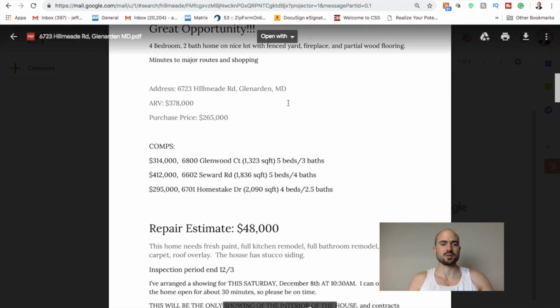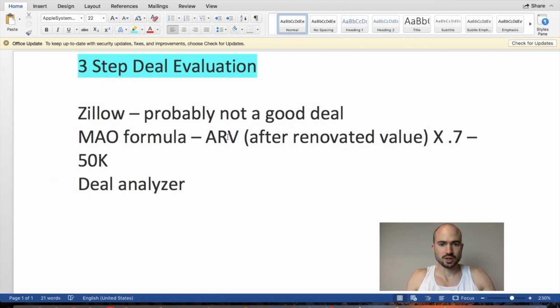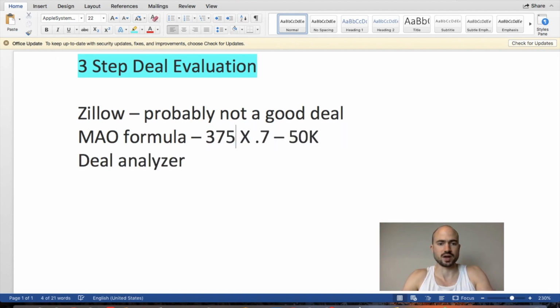I get deals like this all the time. But let's take their ARV of 378K. It's probably not anywhere near that, but let's just use that for an example. So if we take the after repaired value, let's say it's 378K like they said, we'll just do 375K. Okay. So 375K, I'm going to bring out my calculator here because I can't do this math in my head. 375K times 0.7 equals 262K, and then we subtract 50K from it.